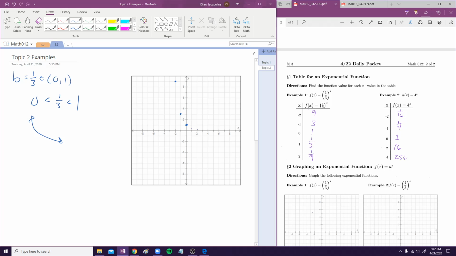Okay, we don't gotta be too precise. So now let's connect the dots. I'm gonna try my best. Let me just try one more time. Maybe I'll make it bigger.